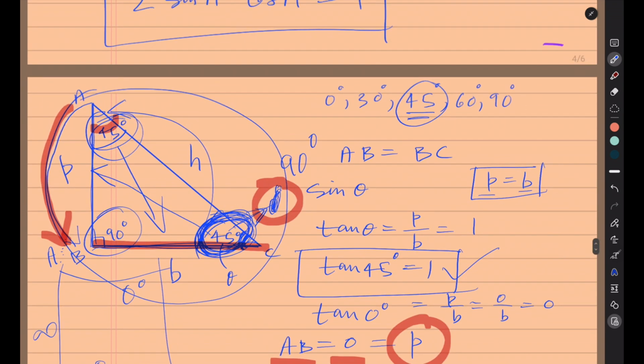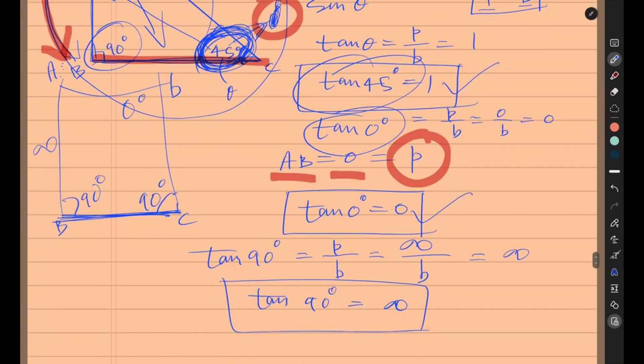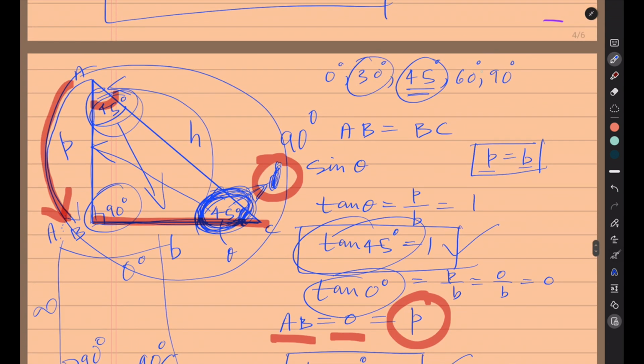So we have defined a few of the ratios, tangent ratios: tan 45 degree, tan 0 degree, tan 90 degree, etc. But we have not defined tan 30 degree and tan 60 degree.